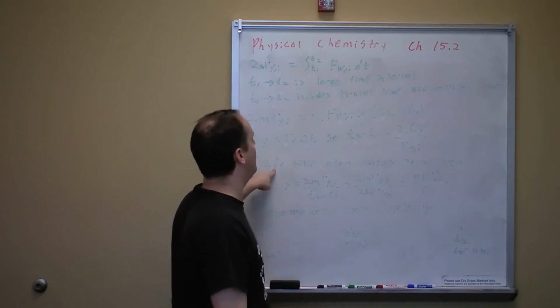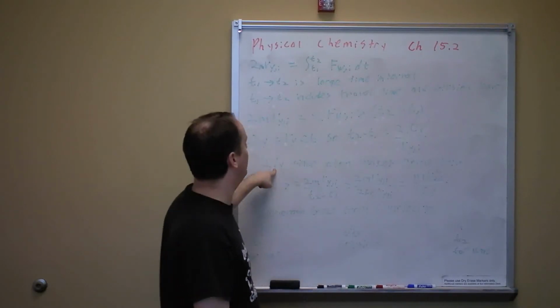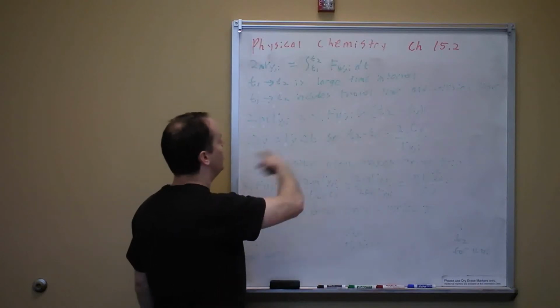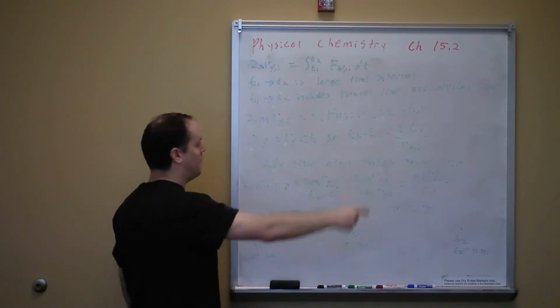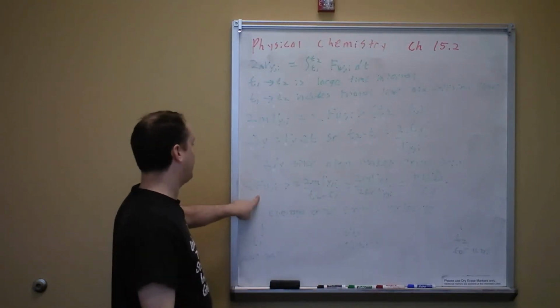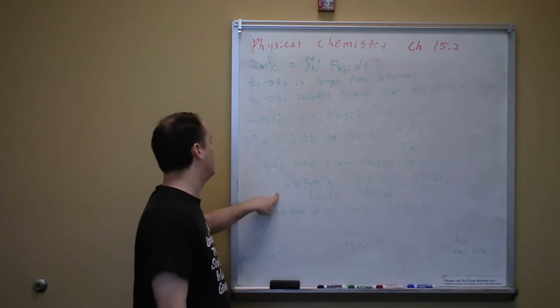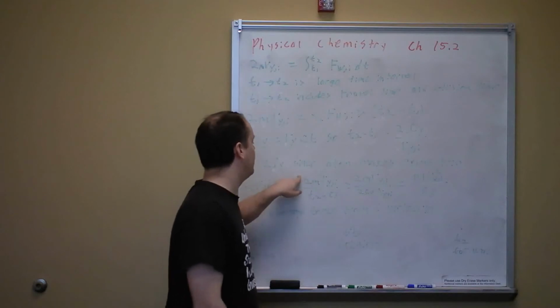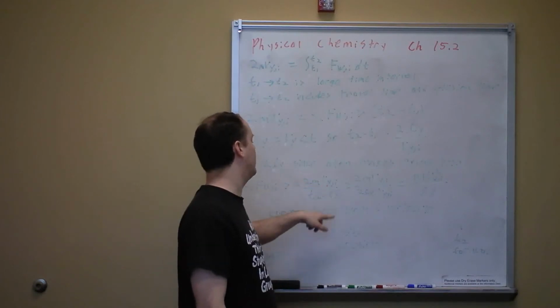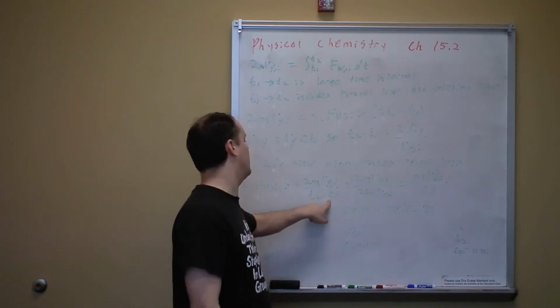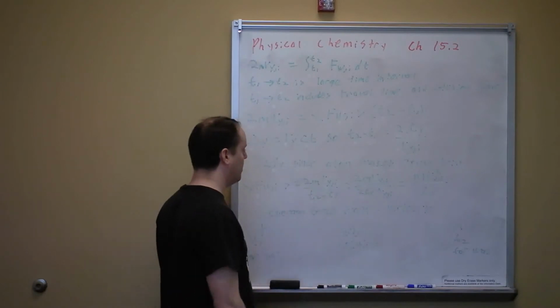Now remember, it's 2ly because the atom is making a round trip all the way from the far wall to this wall, hitting this wall, and back to the far wall again. So substituting that in gives us the average force against the wall from particle I is equal to 2 times the mass times the y component of velocity divided by t2 minus t1.